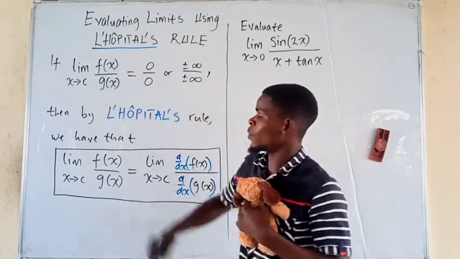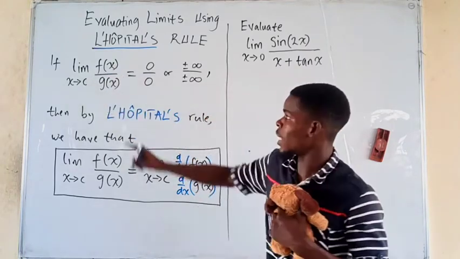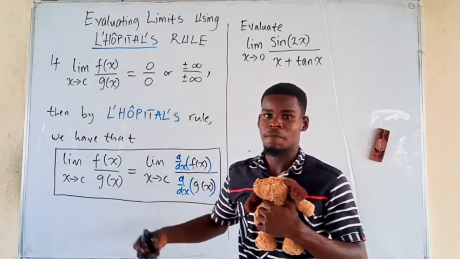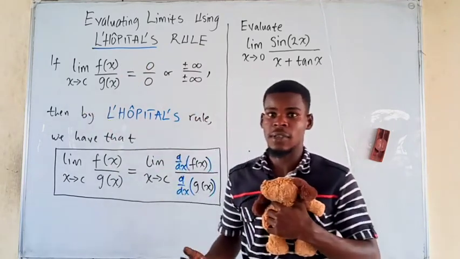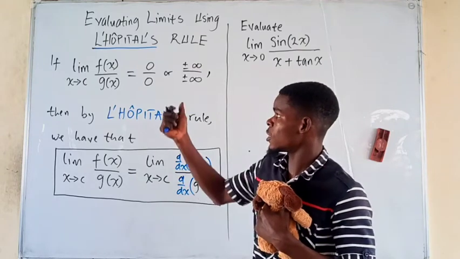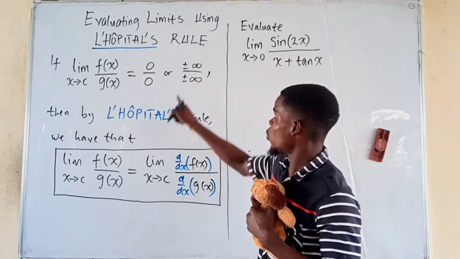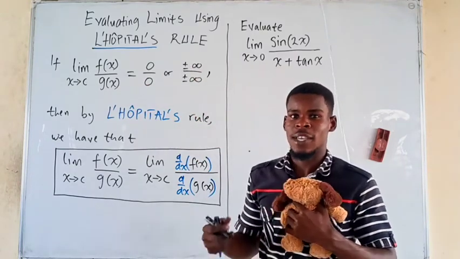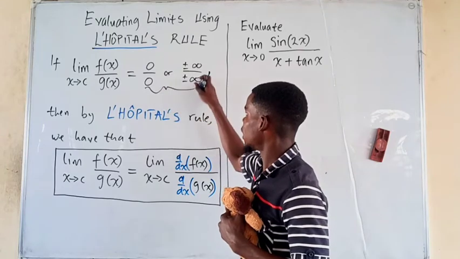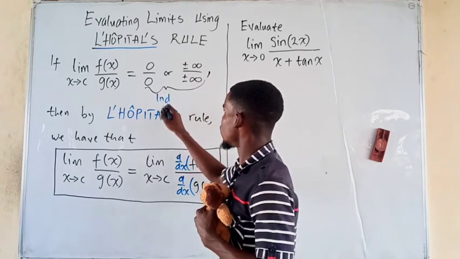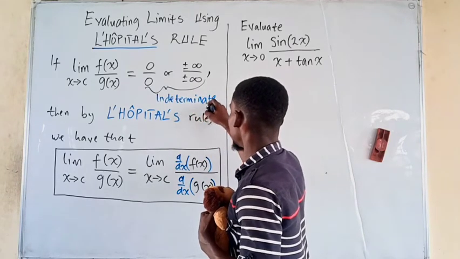This tells us that if we are to evaluate the limit of a function in a fraction form, f of x divided by g of x, as x tends to the constant c, and by substituting c into the functions we have 0 over 0 as an output, or infinity over infinity, or minus infinity over minus infinity, these are indeterminate forms of limit.